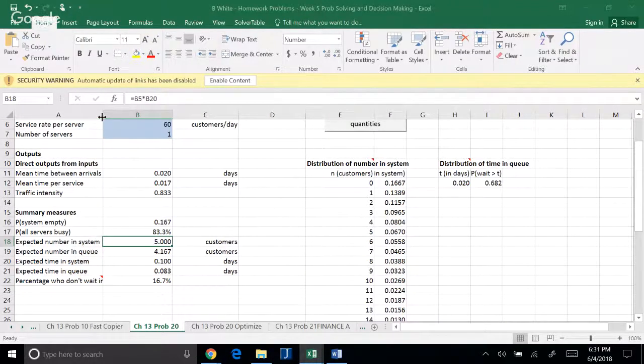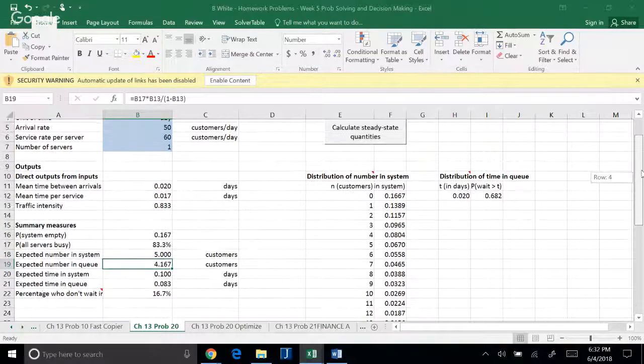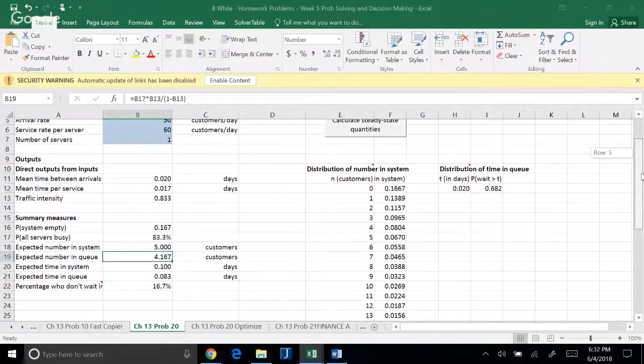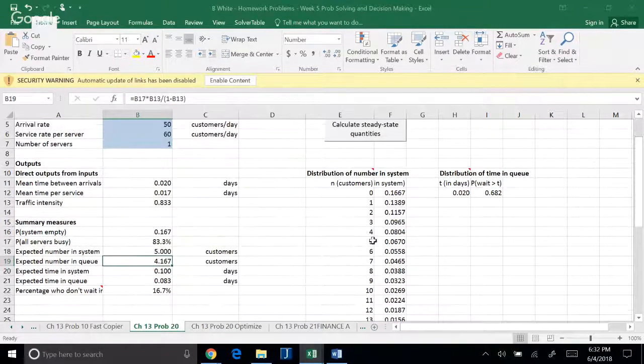Now, we have a question here: do we use expected number in queue or expected number in system? I'll work this out, but I believe for the answer check that they use the expected number in queue. They assume that the customers were happy once they were actually being served, and that it wasn't costing the company any money.